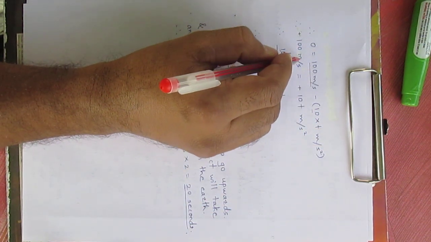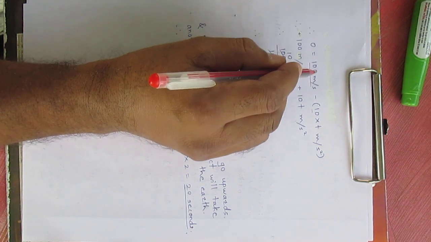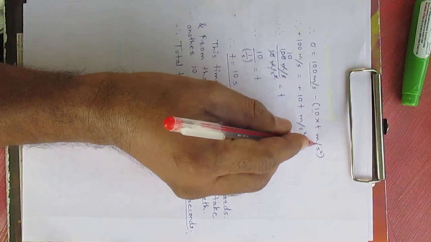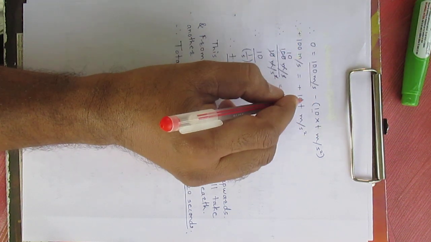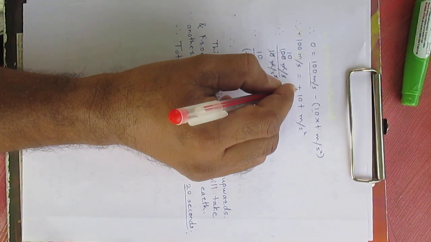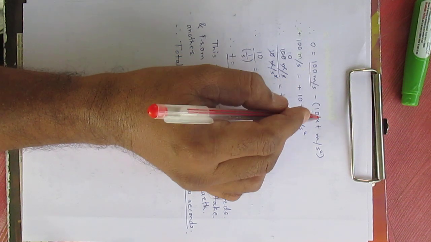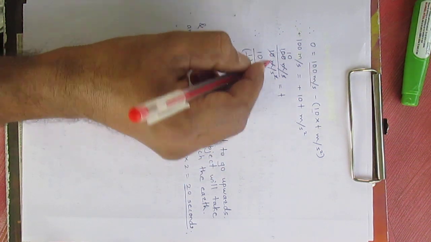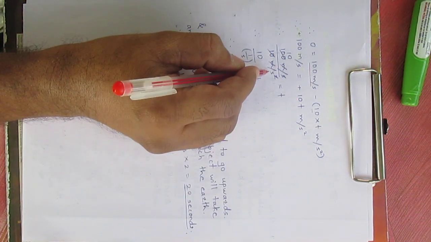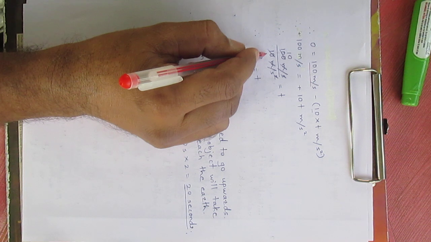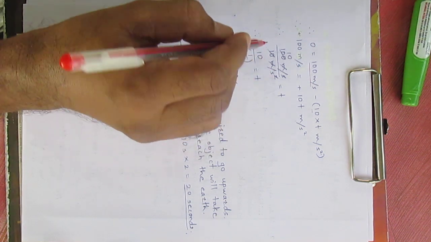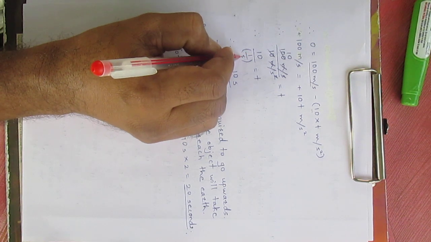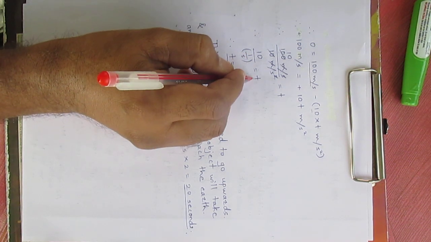100 meters per second will be remaining on the same side only, and this negatively signed amount is transferred to the other side of the equation, therefore it will become again positively signed. Now 100 meters per second is divided by 10 meter per second square, and by taking the ratio we will come to the conclusion that 10 divided by 1 by s, which is equal to t.